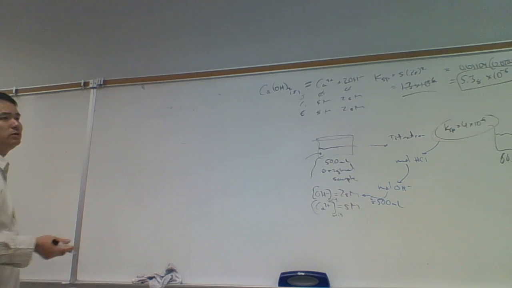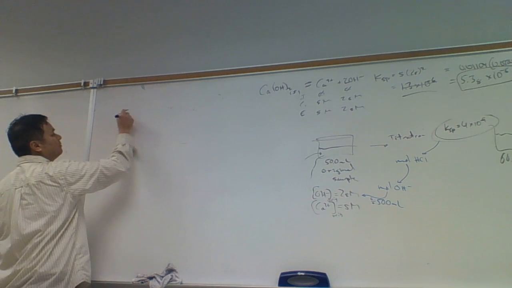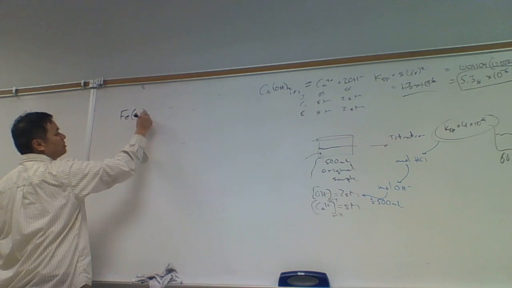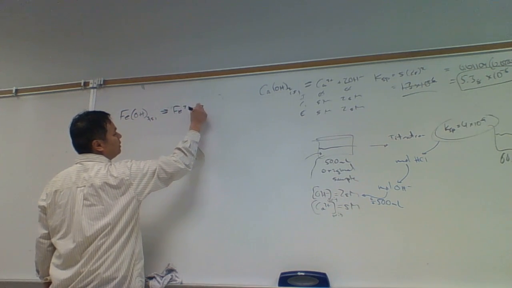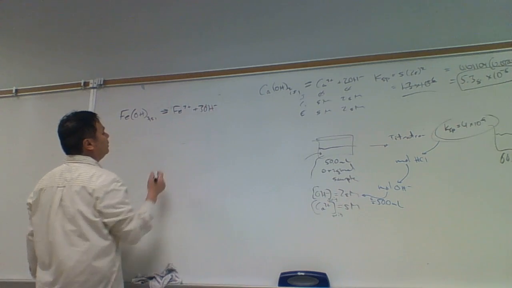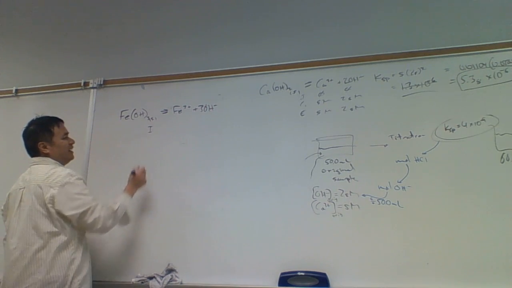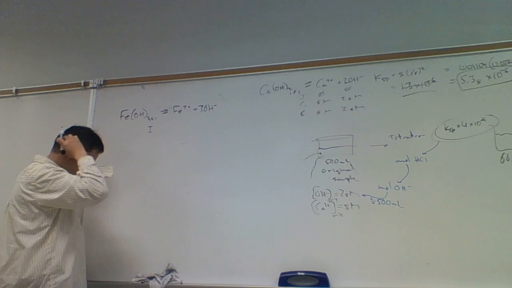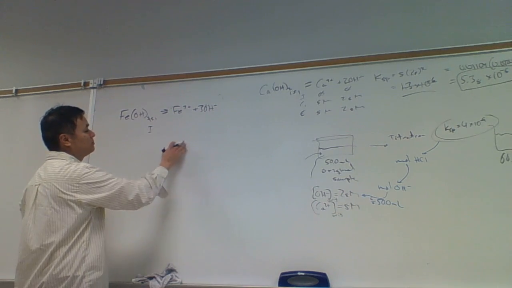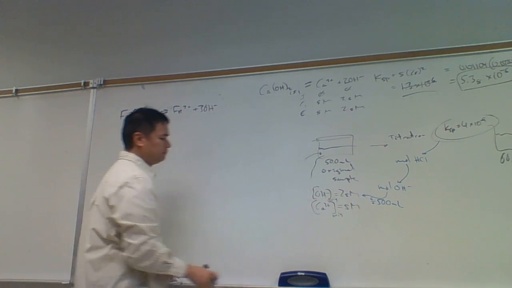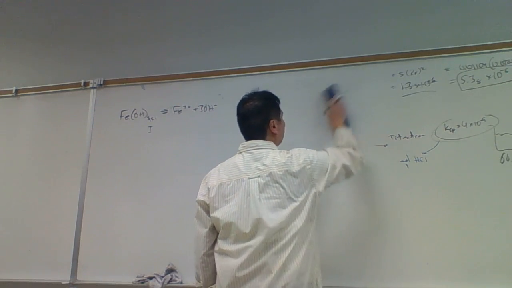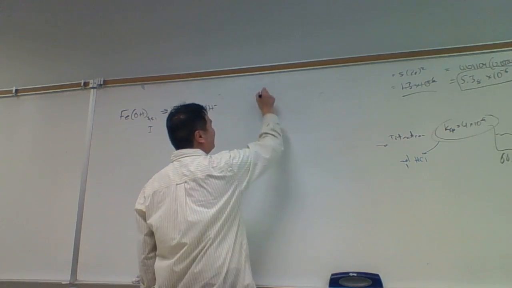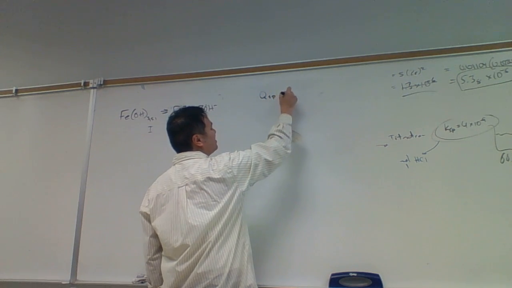But to figure this out, will it precipitate? What we need to do is a QSP type problem. If we have iron 3 hydroxide solid, this is going to form iron 3 plus and 3 hydroxides. We can just compare QSP versus KSP.